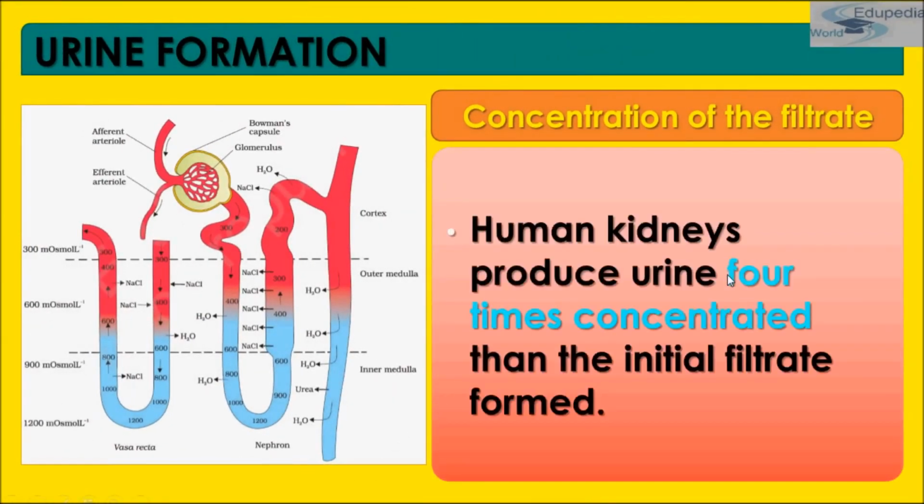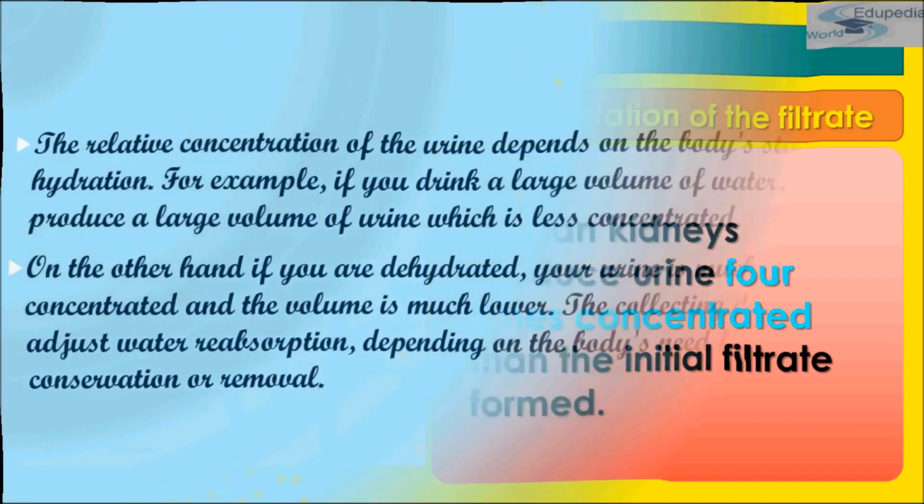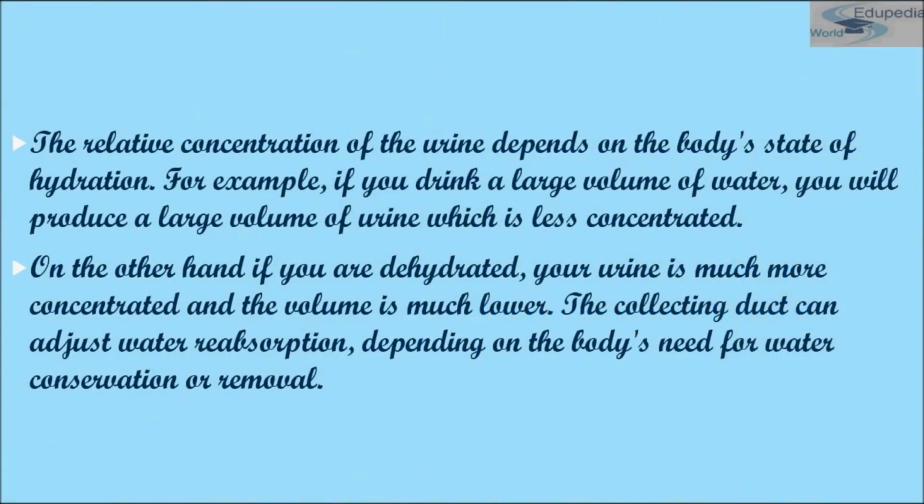The human kidneys produce urine four times more concentrated than the initial filtrate formed. The relative concentration of the urine depends on the body's state of hydration. For example, if you drink a large volume of water, you will produce a large volume of urine that is very less concentrated.